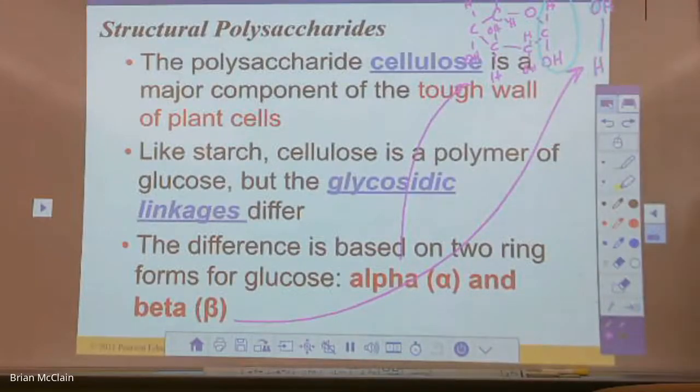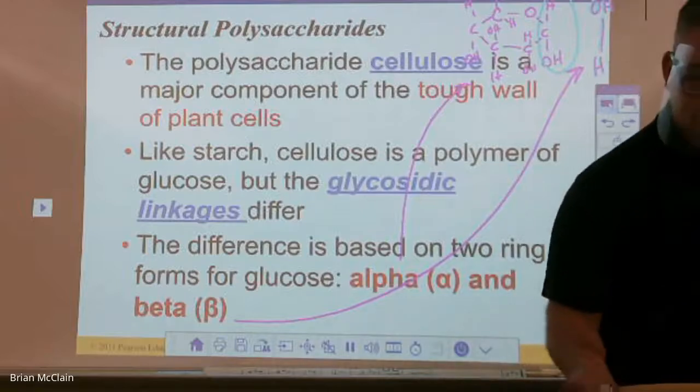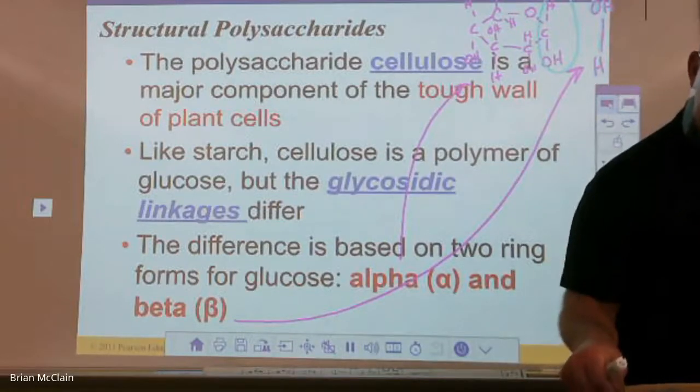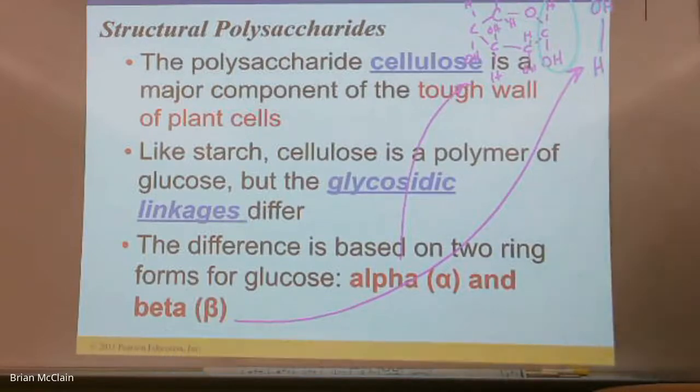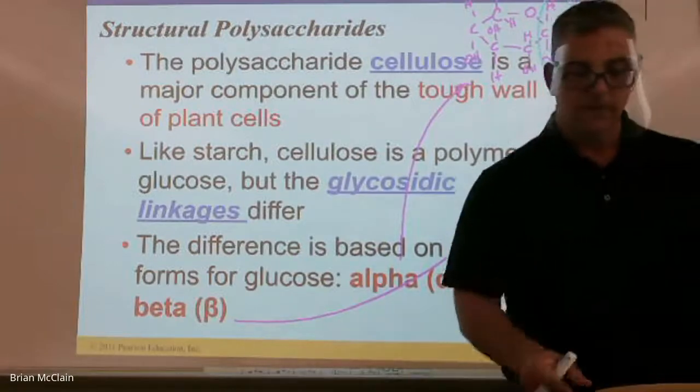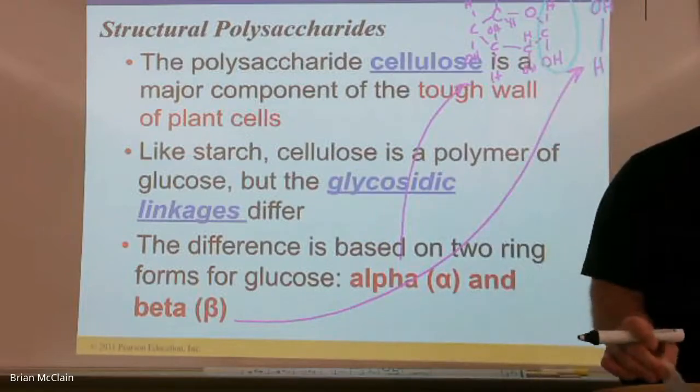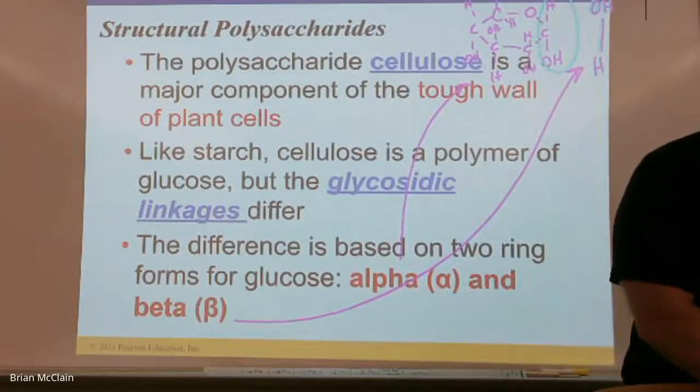Okay? So the beta configuration, being in the opposite orientation, is going to influence whether or not we have something that we can digest or something we can't digest. So let's look at that from another picture here.